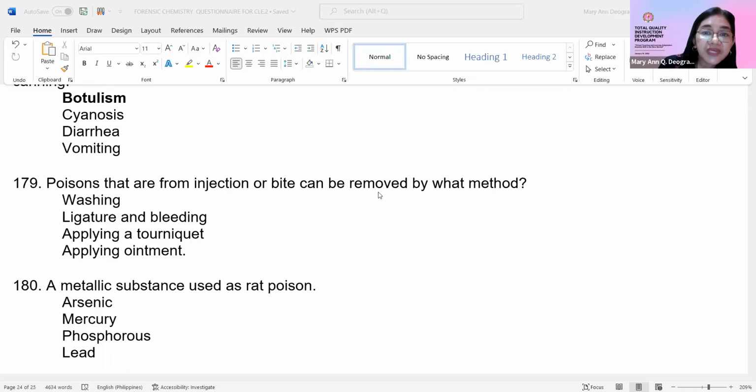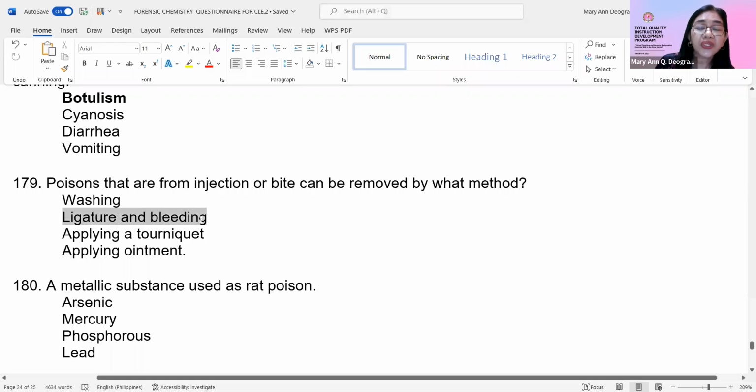Is remove yan, remove. Poisons that are from injection or bite can be removed. Pagka tourniquet, that is to prevent the spread. Okay? Take note of that. Tingnan nyo yung question. If you're going to remove it, ang pinaka first aid dyan, ligature and bleeding. Okay, so ito ang sagot dyan.